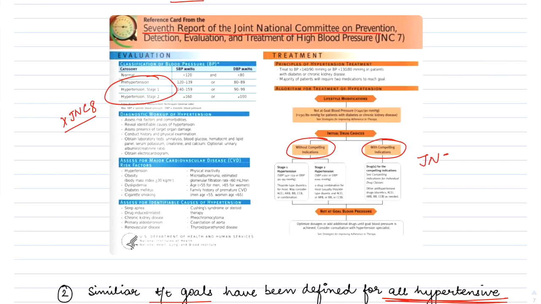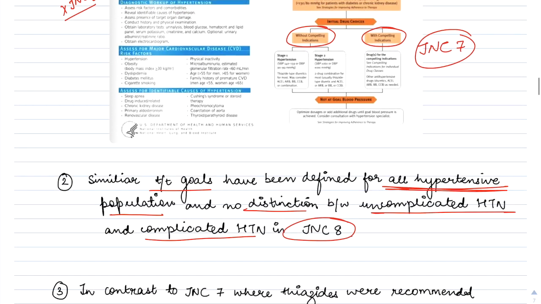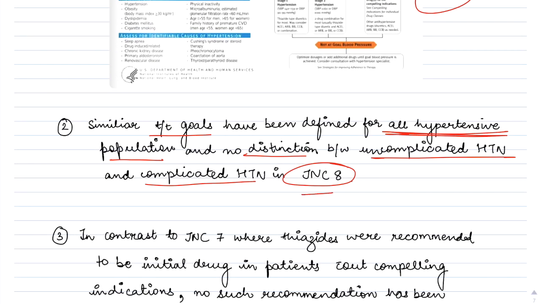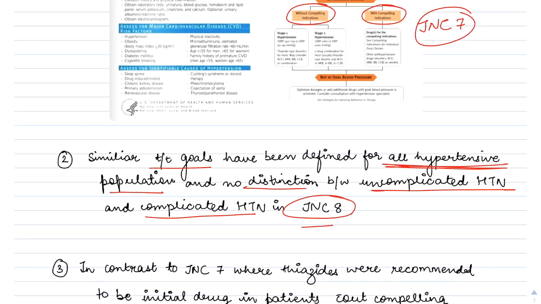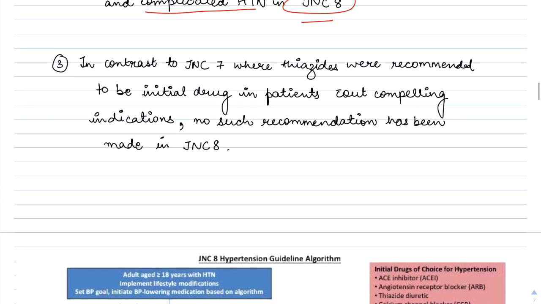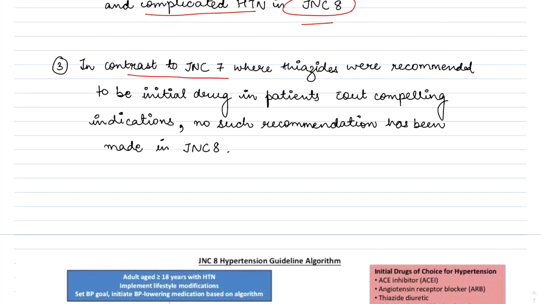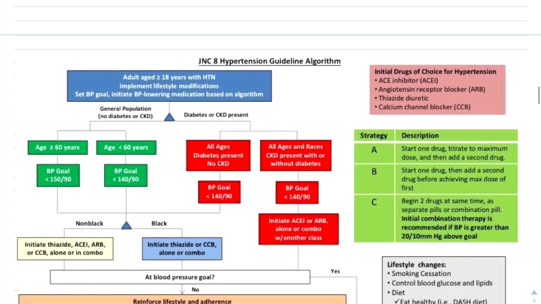They were defined in JNC7, but in JNC8, these compelling and non-compelling indications have not been differentiated. No distinction has been made, and similar treatment goals have been defined for all the hypertensive population. And in contrast to JNC7, where thiazides were recommended as the initial drug in patients without compelling indications, there is no such recommendation in JNC8, as there is no distinction between compelling and non-compelling indications.